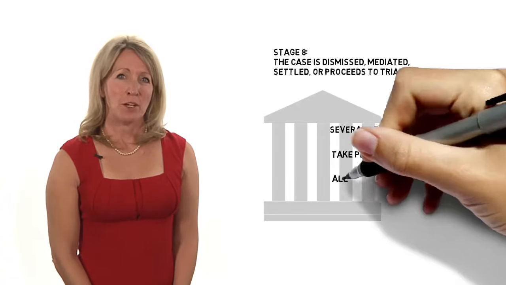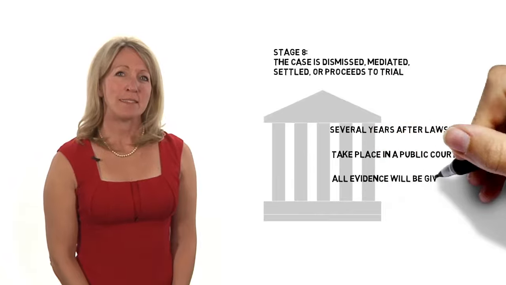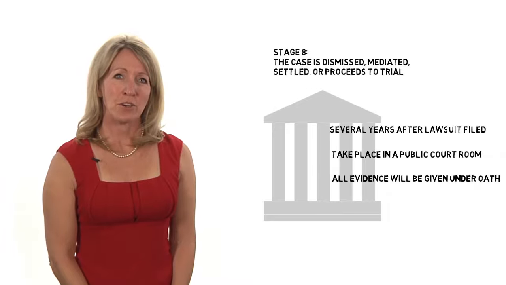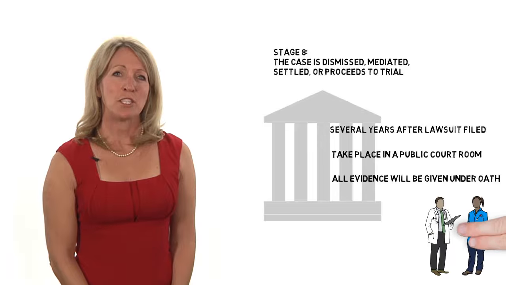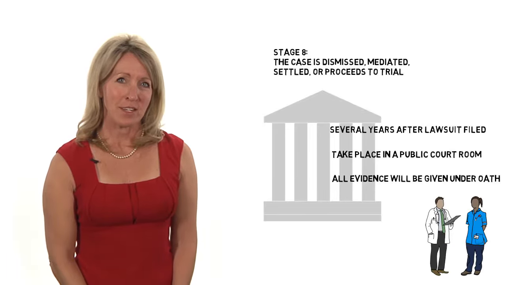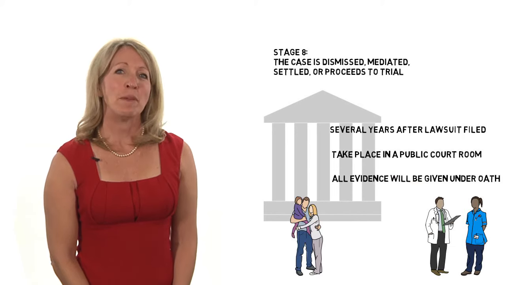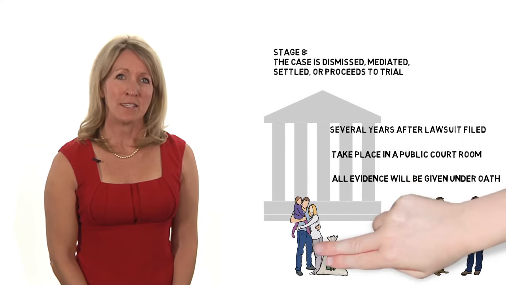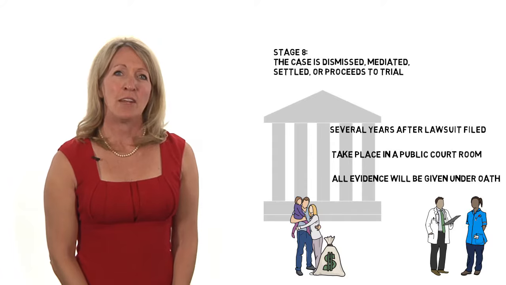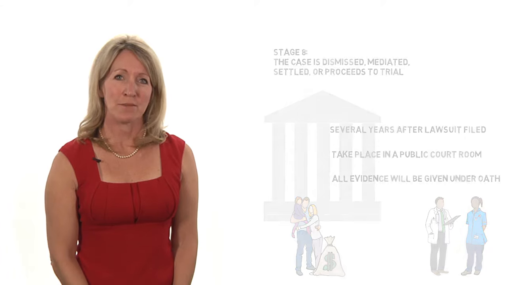The evidence may be heard, and the outcome of the case will be decided by a judge or a jury. This may lead to a judgment in favor of the defendant doctors and nurses, meaning that the patient loses the case, or it may lead to a judgment against the defendant doctors and nurses and result in an award of damages or money to the patient or the plaintiff.